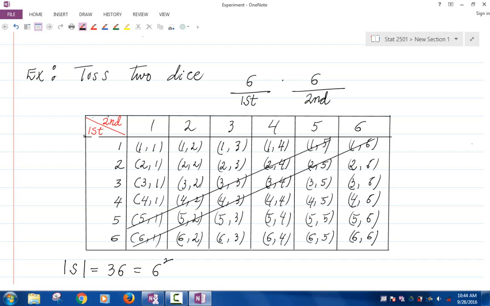So what's the event? Say it again. Say it loud. Yeah, basically the last row together with the last column, right? Is everybody okay? So you have to be able to read the outcomes from the description of the event. Okay?